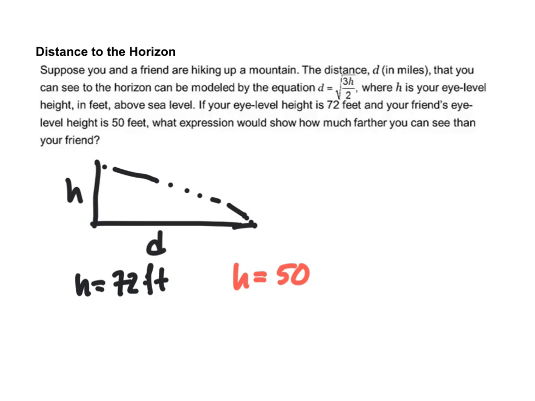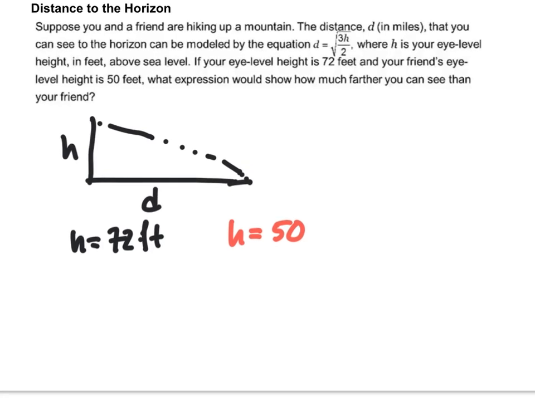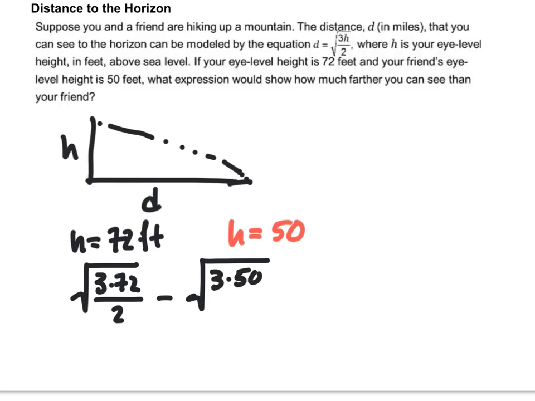All right, so let's plug this in for h. Let's do the square root of 3 times 72 over 2, and then minus the square root of 3 times 50 over 2.